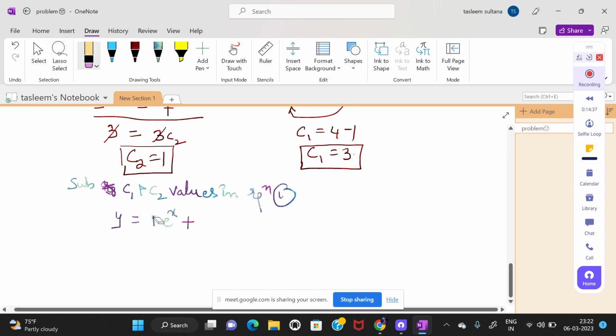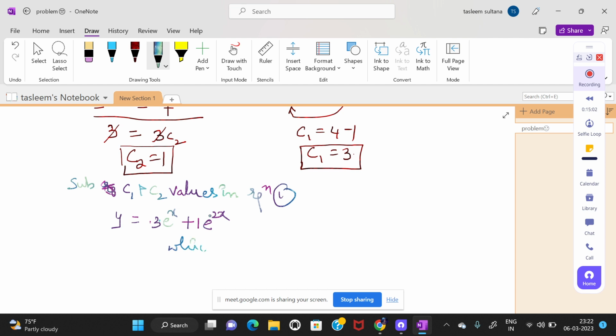I have written the wrong values; here it should be 3 e to the power of x plus 1 e to the power of 2x, which is your required solution. Any doubt, Aditya, here?